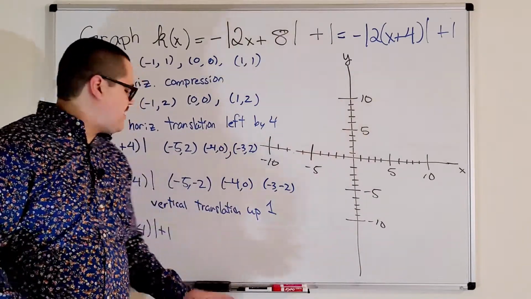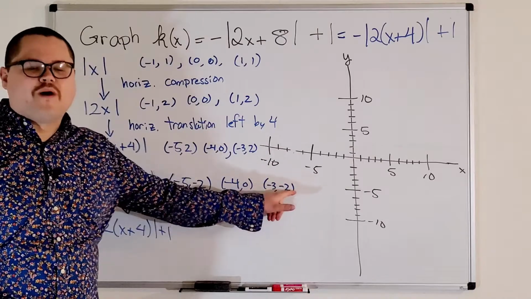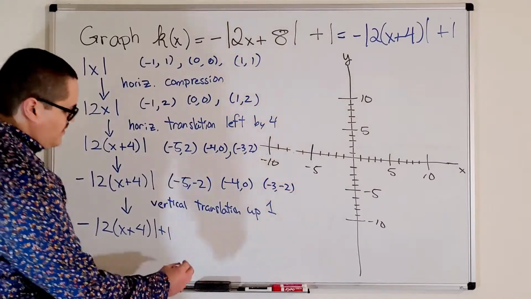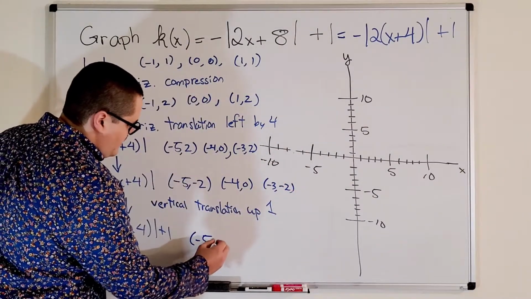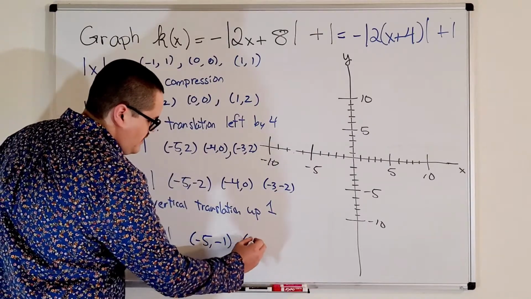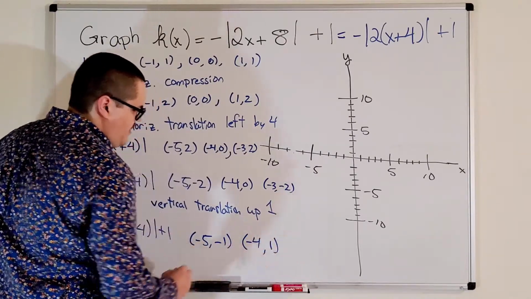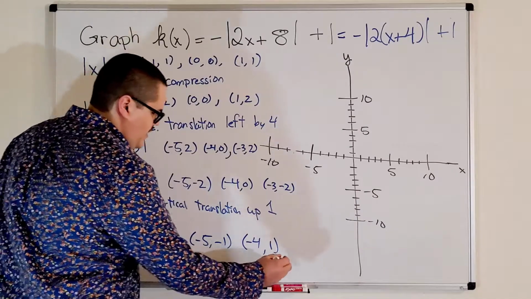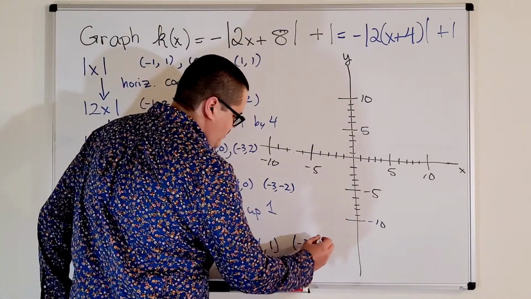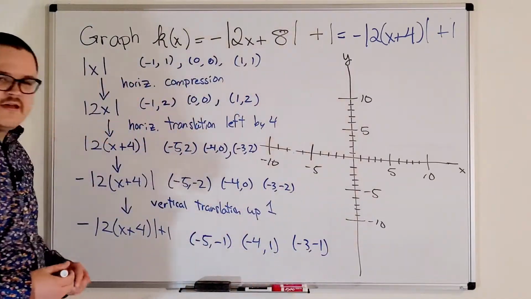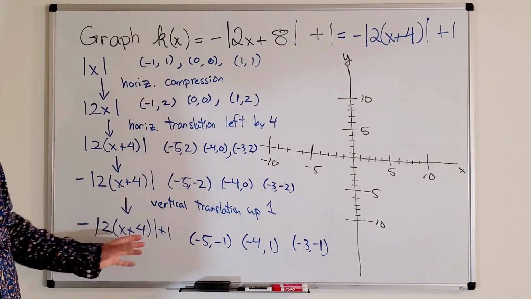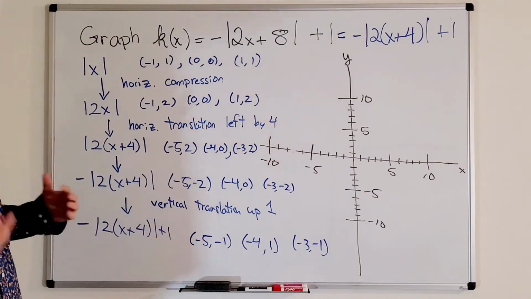And we'll be adding plus 1 to each of these 3 y values. So we should get (-5, -1), (-4, 1), and (-3, -1). And we'll just plot these 3 points and sketch the graph from there.